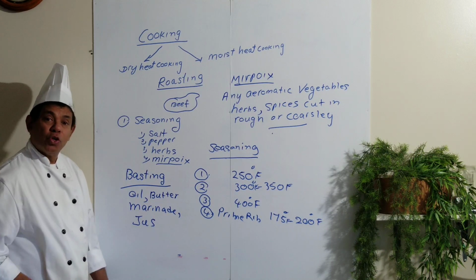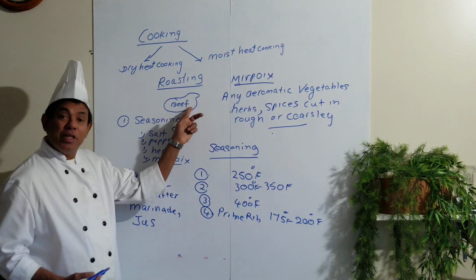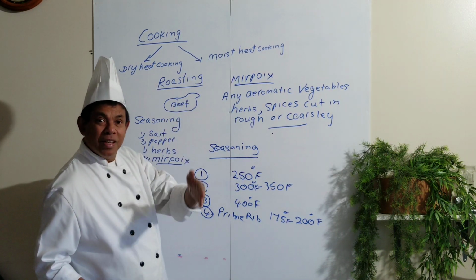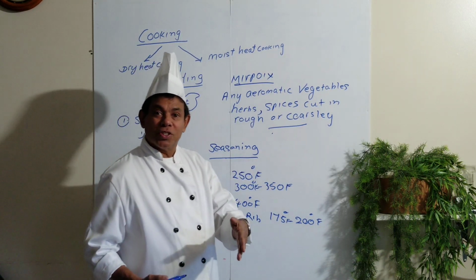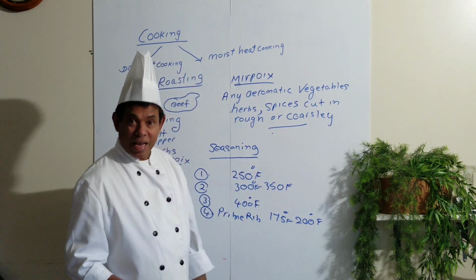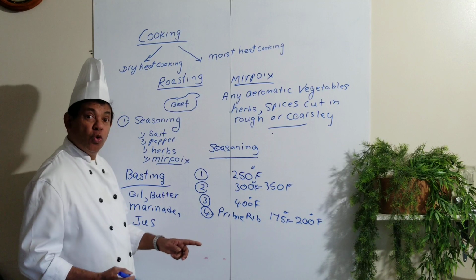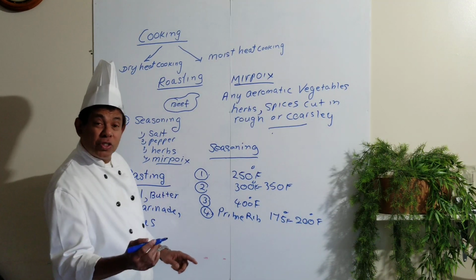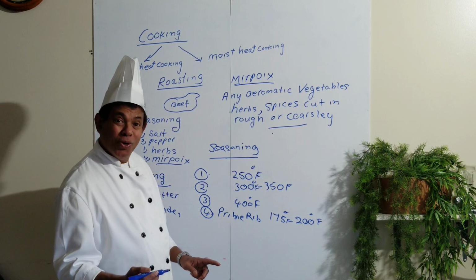The jus. Jus is when you cook the beef, for example, the dripping juices we call the jus. That's a French word, J-U-S, jus. That juice is called jus.